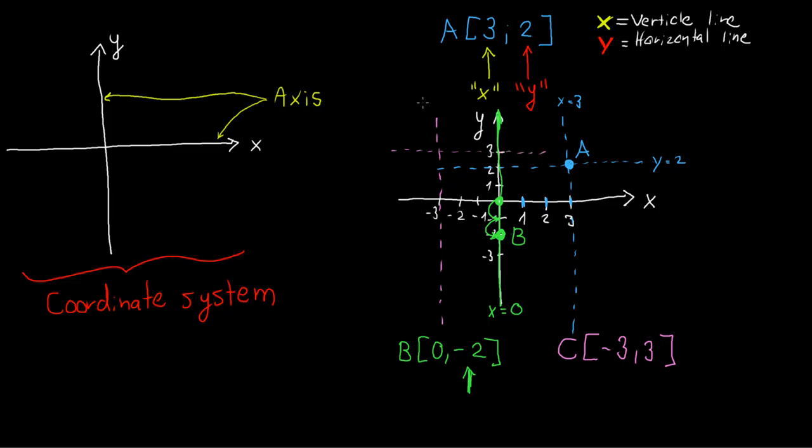So this line represents all the points where x equals -3, my apologies, and then this line is y equals 3. And the point that we have is right here. We can call it C.